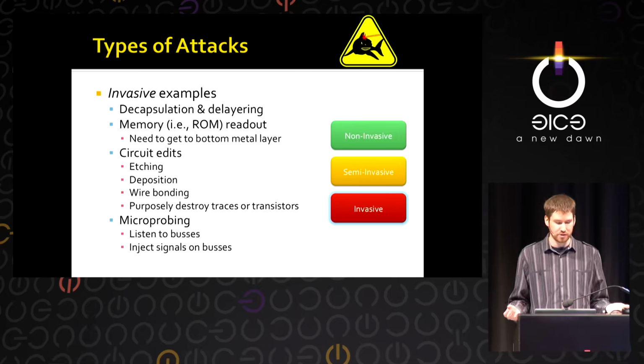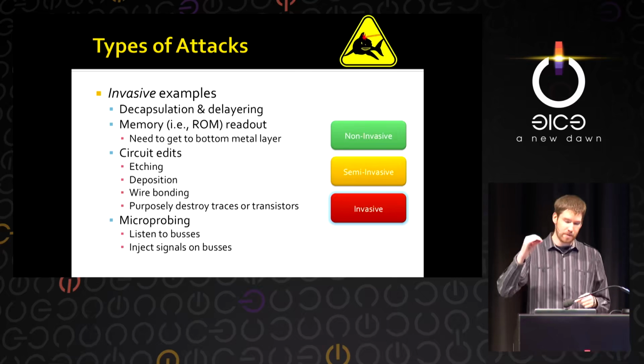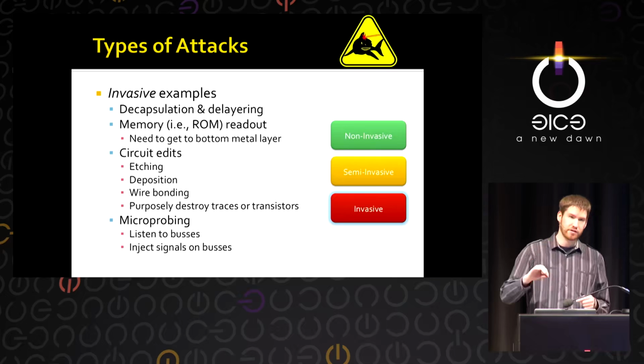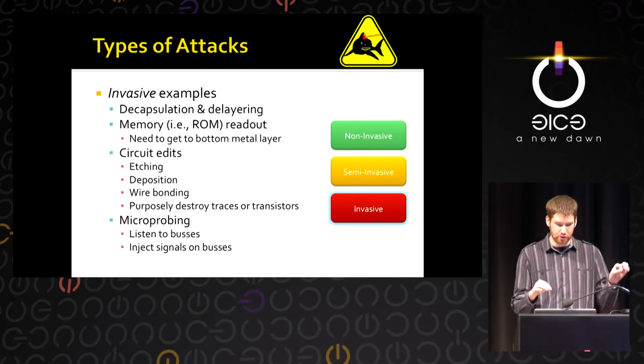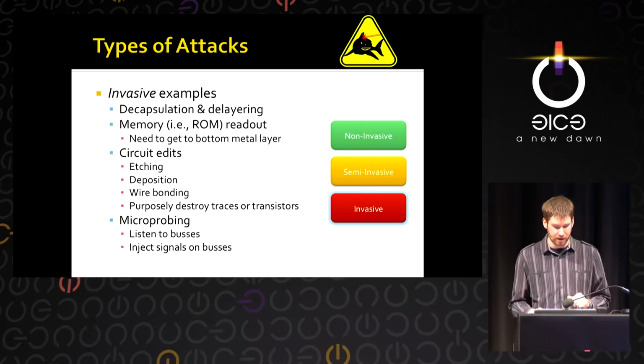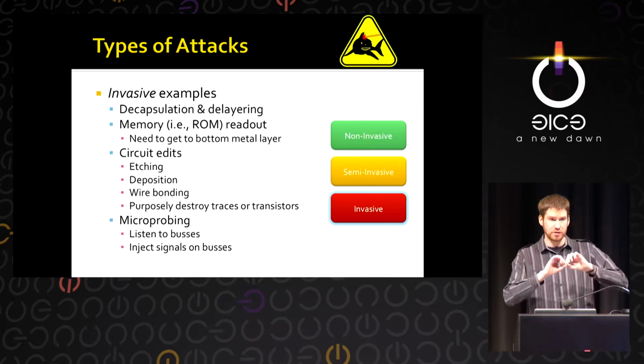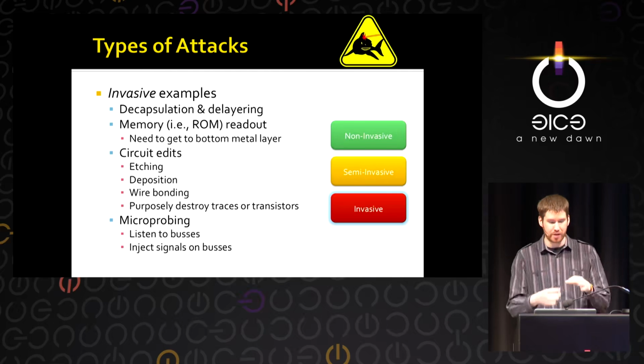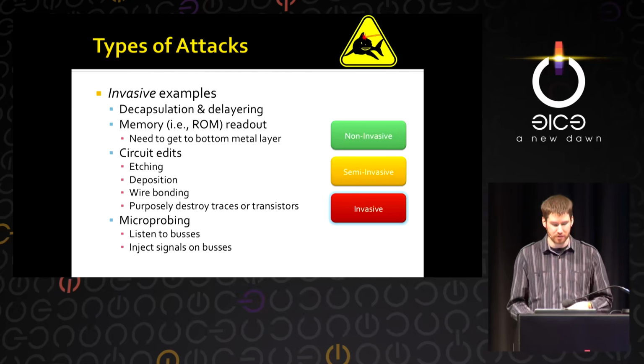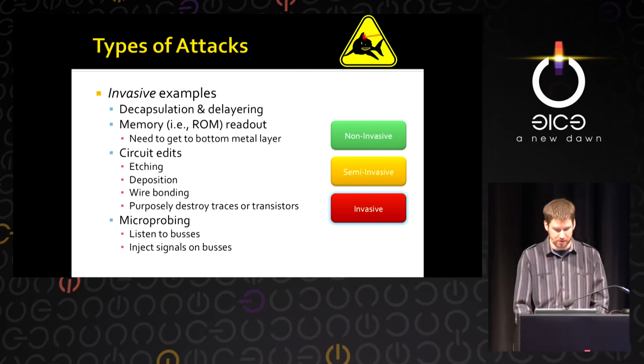Deposition, where you're using something like platinum or tungsten to deposit conductive material on the surface, so you actually create a conductive path. Wire bonding, where you're taking a wire bonding machine and putting gold bonding wires from areas of the chip out to a larger, more human-friendly package, like a very large DIP, a dual in-line package with 2 rows of 10 or 20 pins or whatever, and then you can easily work with that.